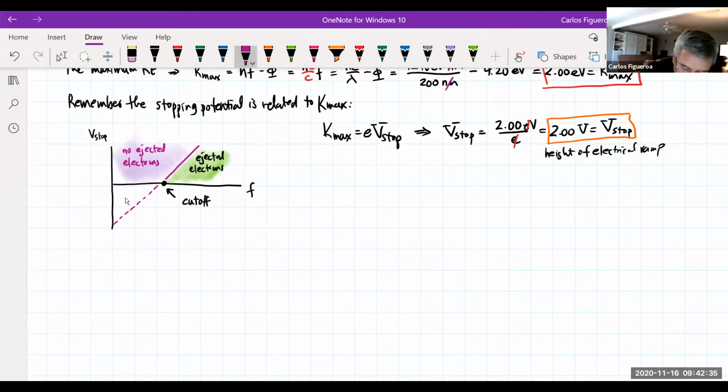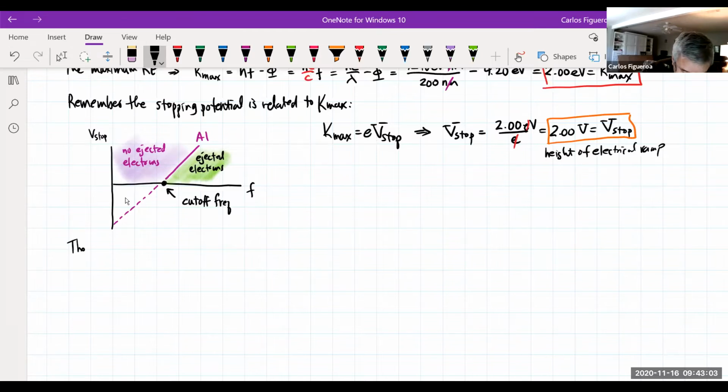And since we're talking about aluminum, I should say that this curve is true for aluminum. So if I want to calculate what this cutoff wavelength or frequency is, it has to be at the point where V stop is 0. But wait a minute, V stop is proportional to the maximum kinetic energy. So this guy will then tell me what the cutoff frequency is.